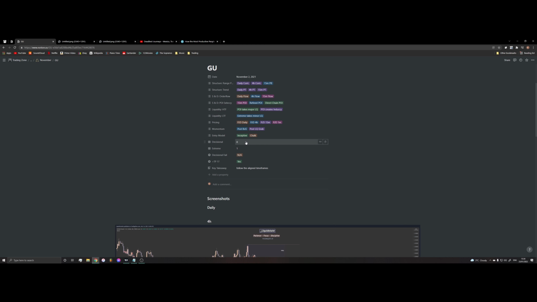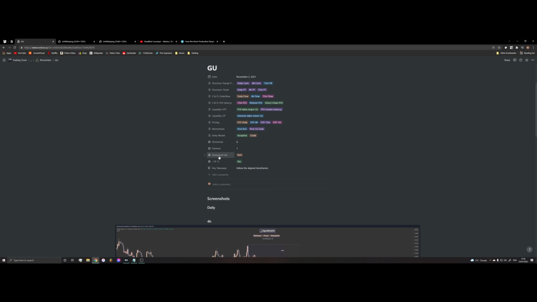Then the number of decisionals used. If you're only mapping individual trades, this will just be either 0 or 1. But if you're doing markups, you might have multiple trades in a day, so you can map how many decisionals worked and how many extremes worked. Obviously it's just going to be 0 or 1 in this case.